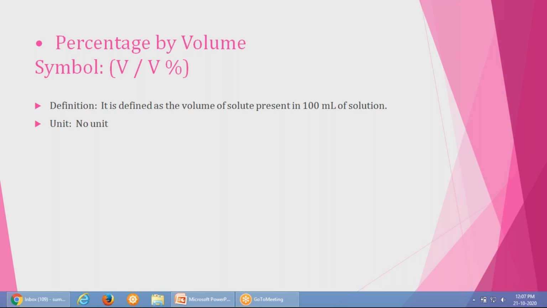Ma'am, can you please repeat it again? Okay. A solution is prepared by mixing 50 ml of ethanol in 300 ml of distilled water. Full stop. What is the percentage volume by volume concentration if the proof number of the solution is 2% volume by volume?